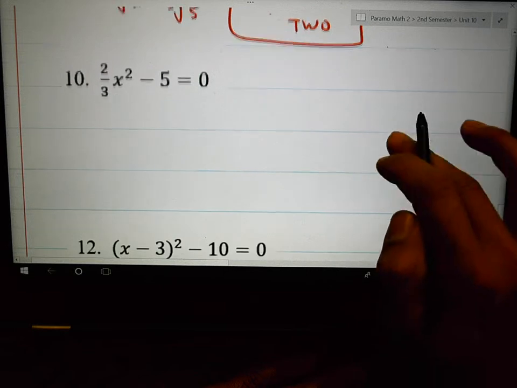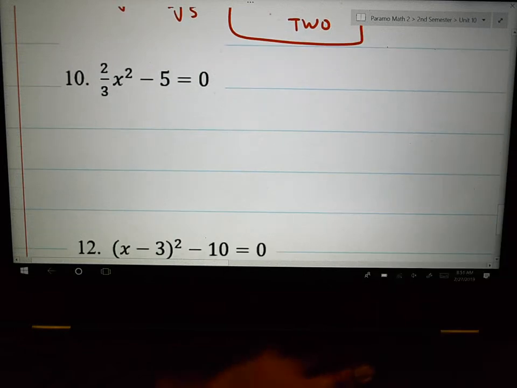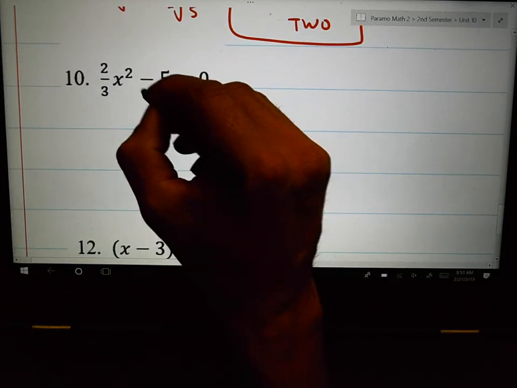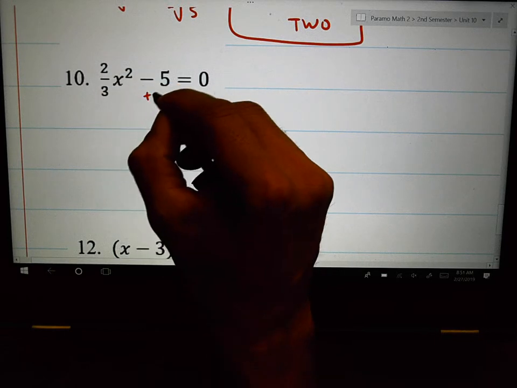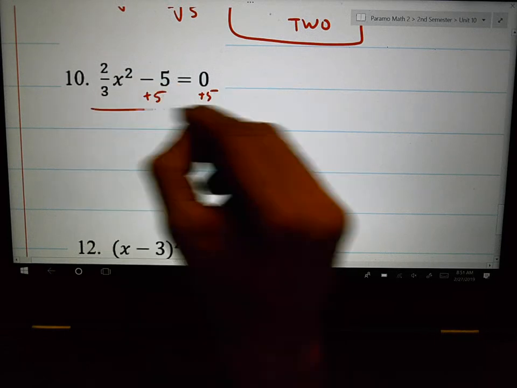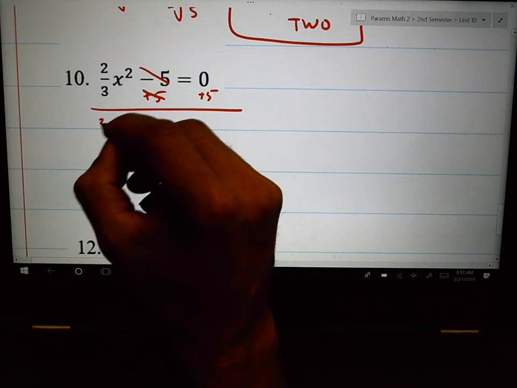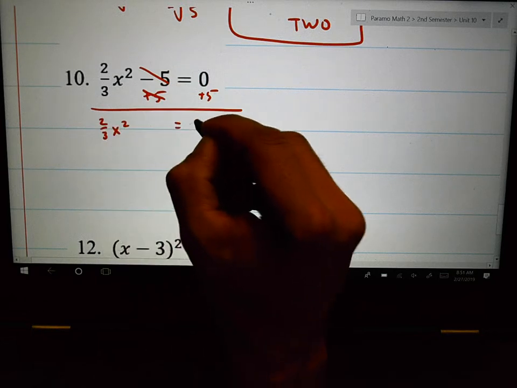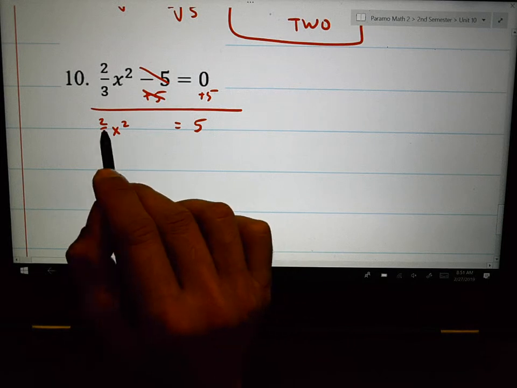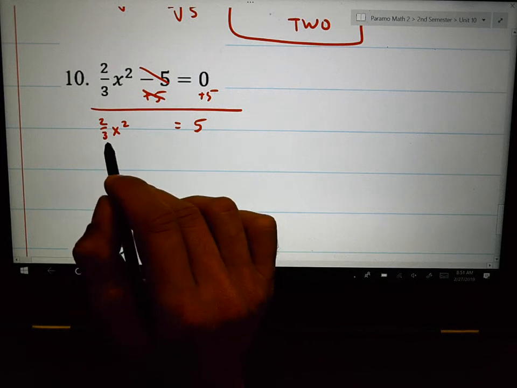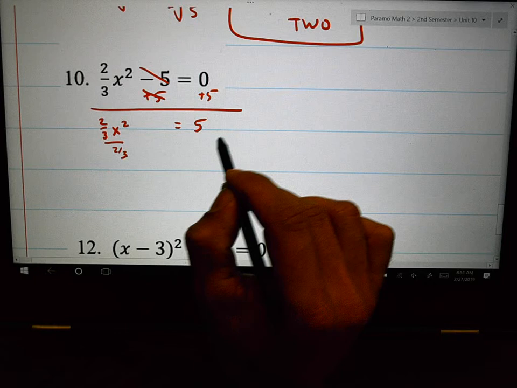Now what happens if there's a fraction in the problem? Let's look at number 10. Number 10 I chose because it has this 2/3. I still try to get this by itself. I still add 5. 2/3 x squared equals 5. But instead of multiplying by 2 over 3, you can divide by 2 over 3.